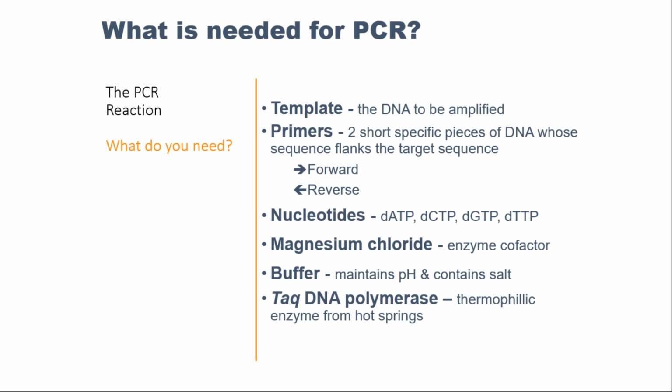And we need nucleotides, which are the building blocks, just like the bricks of a house. So we have dATP, dCTP, dGTP, and dTTP. We need magnesium chloride as an enzyme cofactor. We need a buffer to maintain the pH.